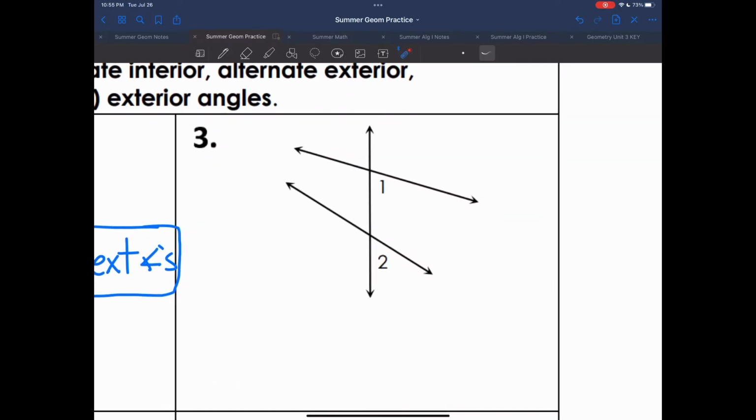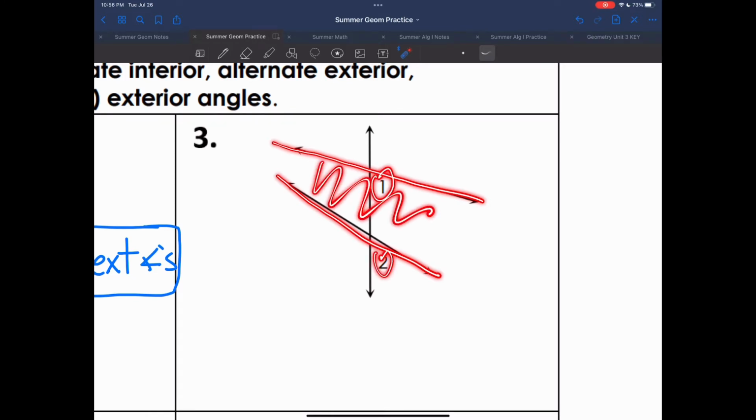Okay, number 3. All right, so same thing, let's look at the transversal. Now our angles are on the same side of the transversal, but this is a little bit of a tricky one because look at your other 2 lines now. We might think they're same side interior or exterior, but if you look at these 2 lines, one of them is on the interior, but one of them is out on the exterior.